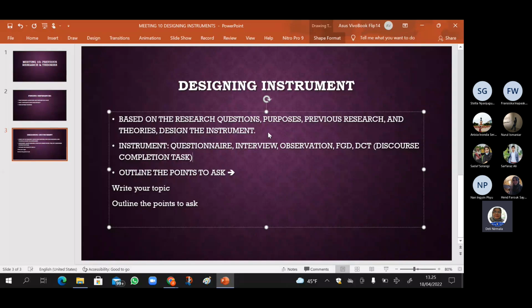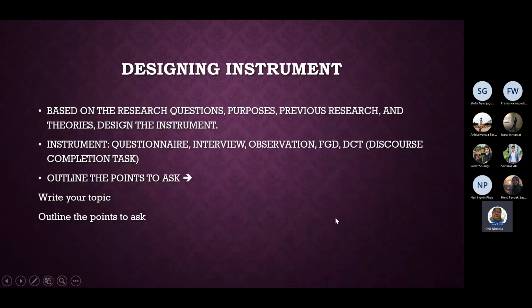If you choose questionnaire, you have to design the questionnaire. I think there are several ways in designing a questionnaire, whether you choose closed questions or open questions. But usually open questions are used in interviews, because in an interview the respondents can elaborate their answers and you can reconfirm the answers.